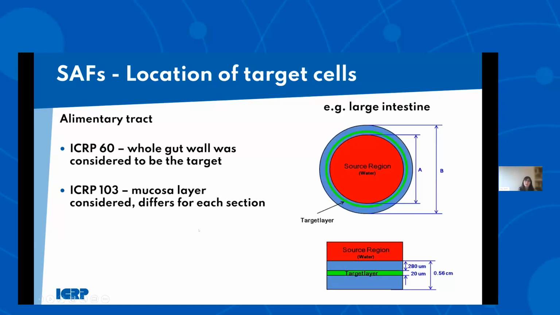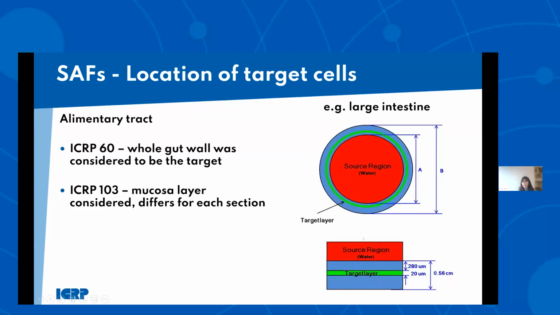Another change, going back to the human alimentary tract model, and again, this is one of the geometric models. There was quite a big change here, because for ICRP 60, the whole gut wall was considered to be the target, whereas under 103, it is the mucosa layer, a specific layer of the target cells. This diagram just shows the layer.